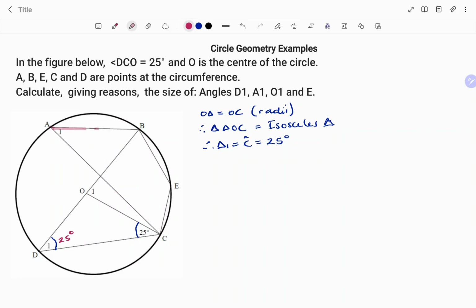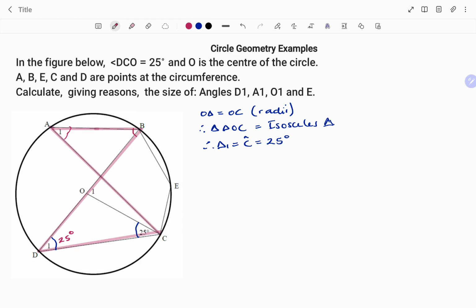I have AB, AC, DC, and line DB. Angles in the same segment are equal, and that means A1 is equal to D1.